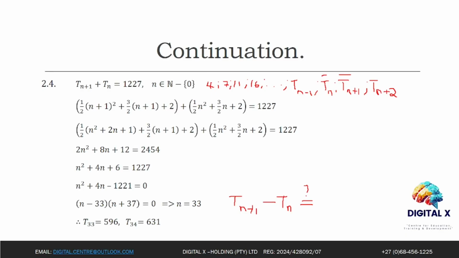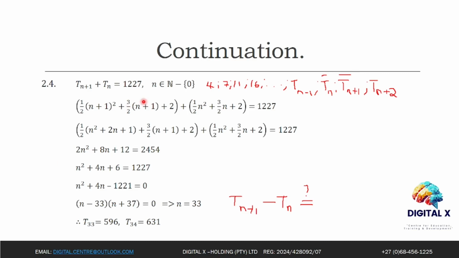Obviously when you take 7 plus that, it doesn't give you 1227. So there are terms in the sequence which, when you add them, give you 1227.